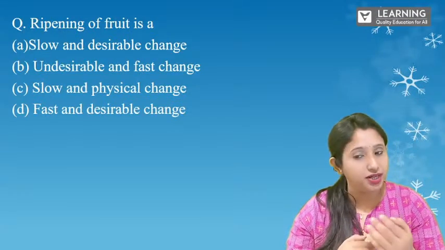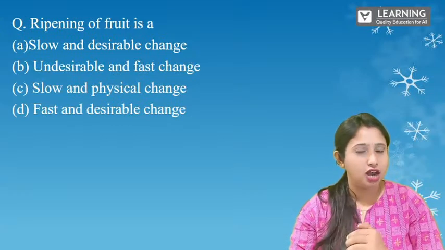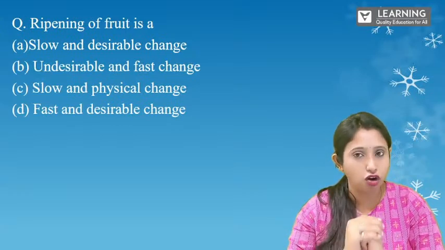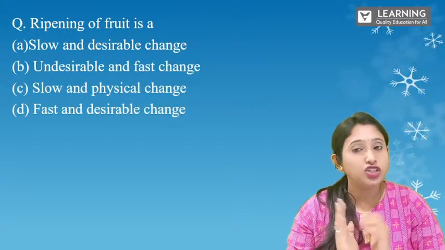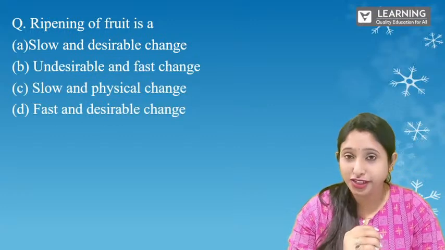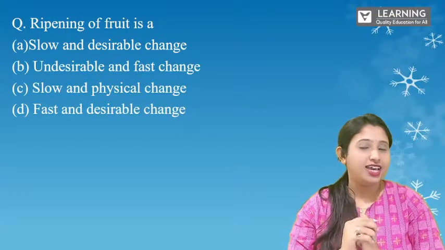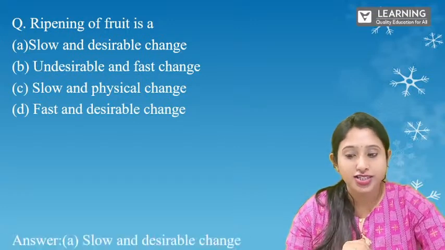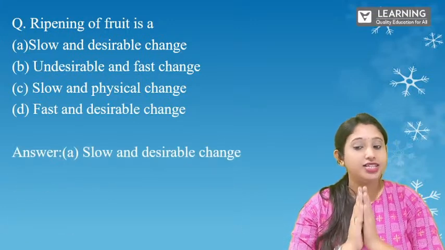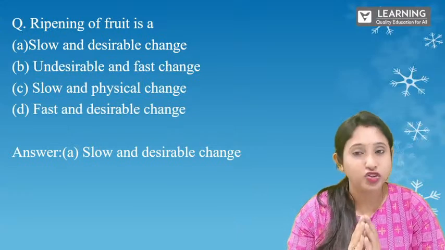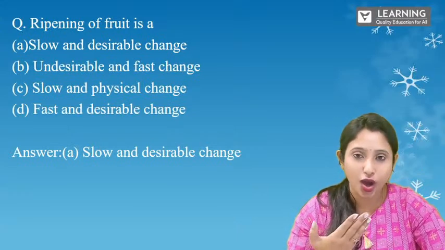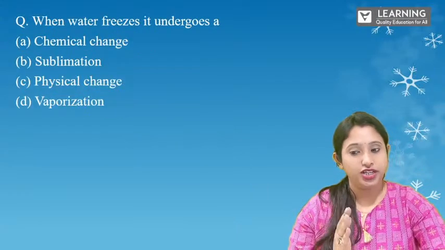And option D is fast and desirable change. No, it's not fast, right? So the answer is option A. Yes, very good. So ripening of fruit is a slow and desirable change.